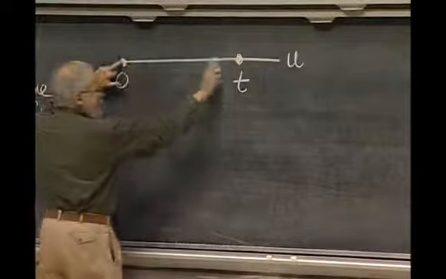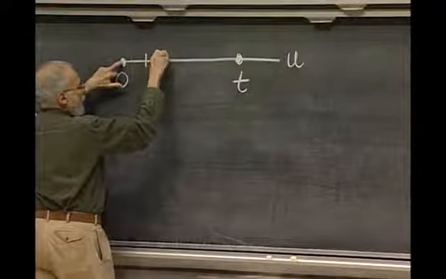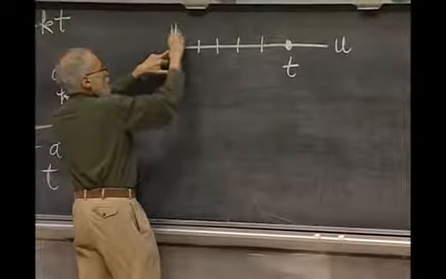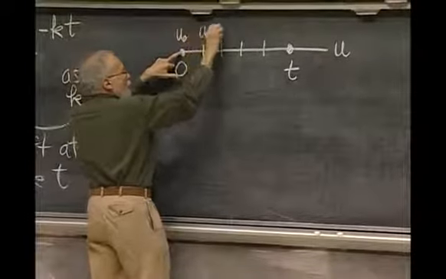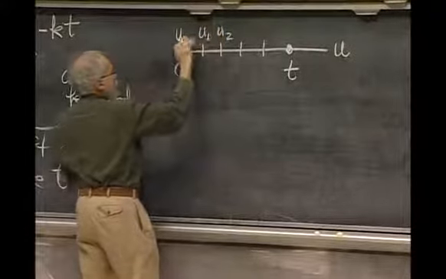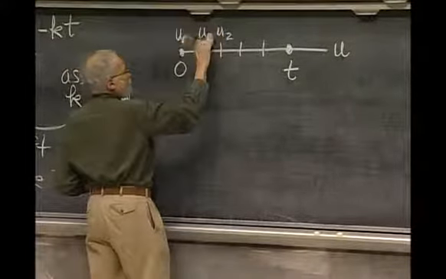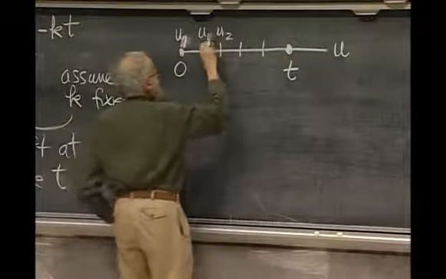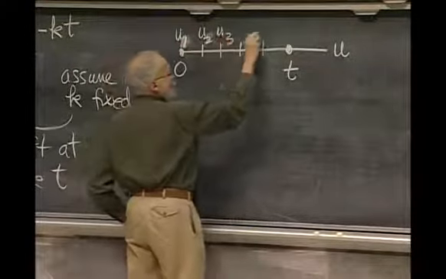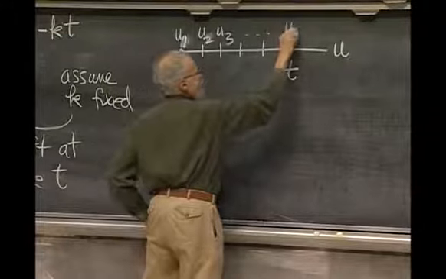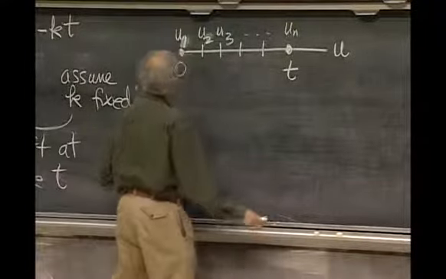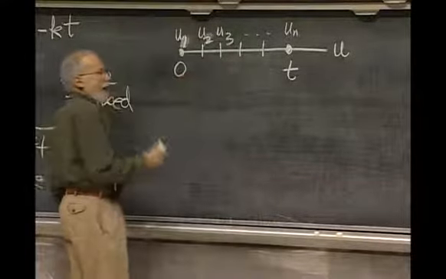So I'm going to divide up the interval from 0 to t on this time axis into, well, here's u0, the starting point, u1, u2, u3, and so on. Let's call this un. Well, it doesn't matter. Okay.